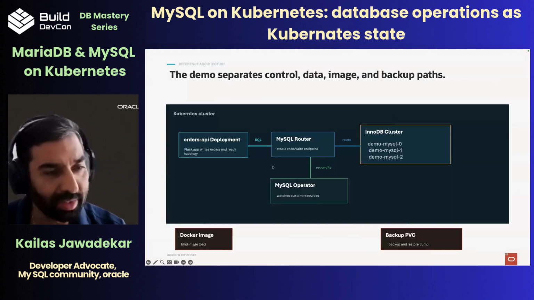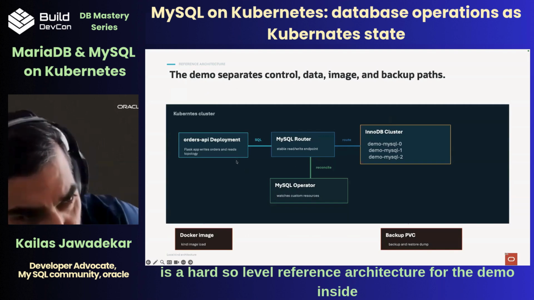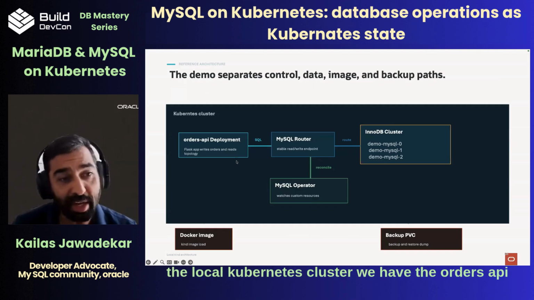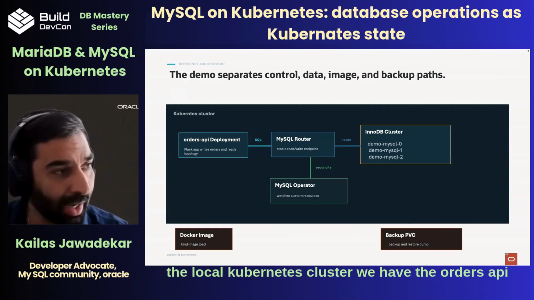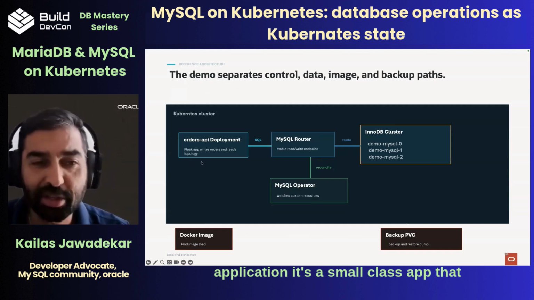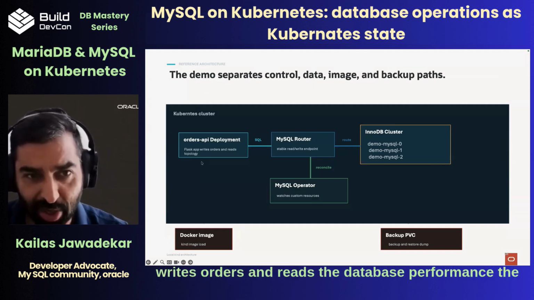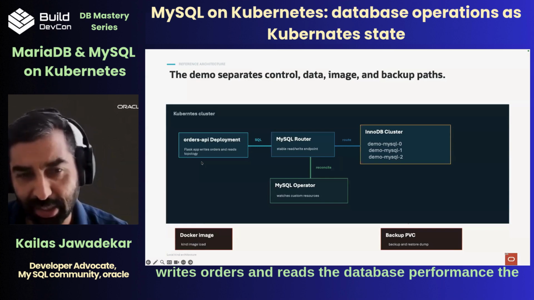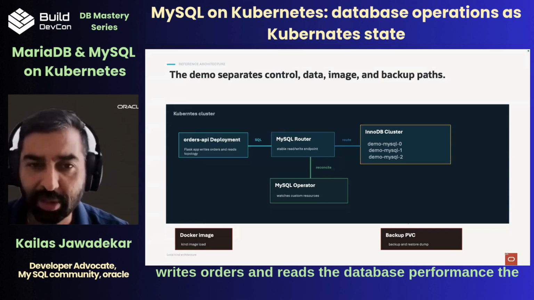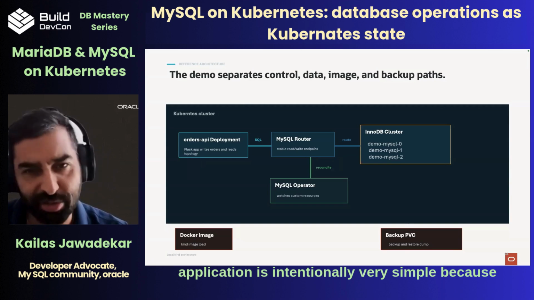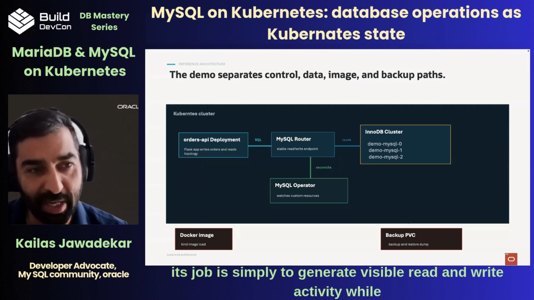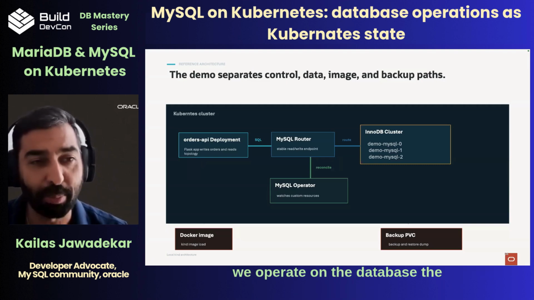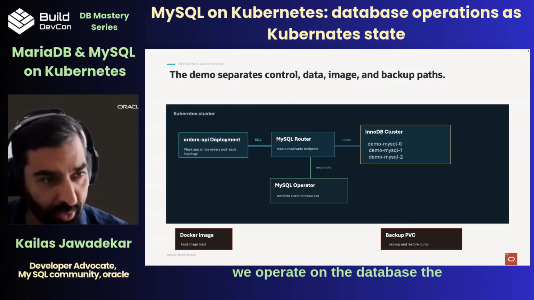This is a high-level reference architecture for the demo. Inside the local Kubernetes cluster, we have the Orders API application. It's a small Flask app that writes orders and reads the database topology. The application is intentionally very simple because its job is simply to generate visible read and write activity while we operate on the database.